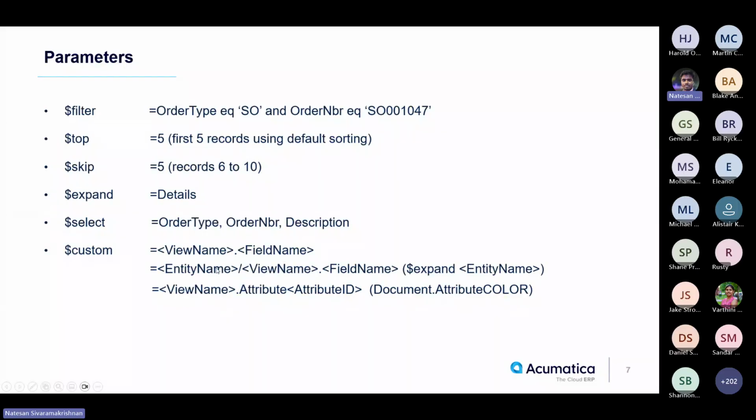If it is a field that is present in the sub entity, then we are going to give the top level entity name and the view name dot field name. But again, to get the sub entities, as I mentioned earlier, we need to use the expand parameter. And also, we can access the user defined fields or the custom fields from customization projects using the custom parameter.